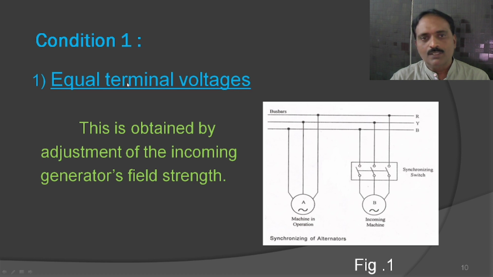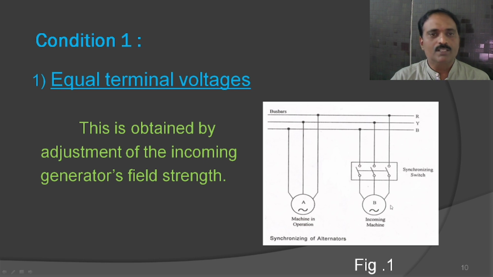In order to have the same voltages, we have to adjust the field of this generator, and we have to see that the voltage of this machine should be the same as that of A or the bus bars. Once these voltages are the same, then only we can close the switch so that this can be connected to the machine, of course subject to the other conditions being satisfied.